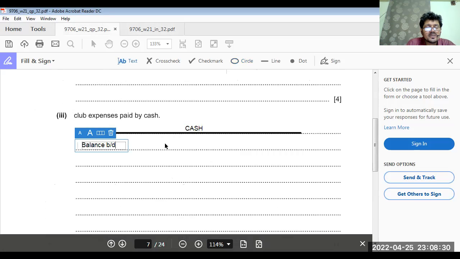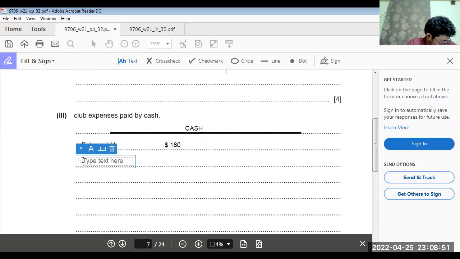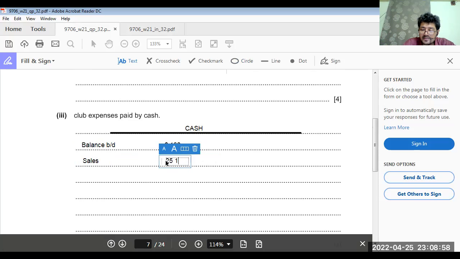So balance b/d here, dollar 180. Sales 25,160. Okay.